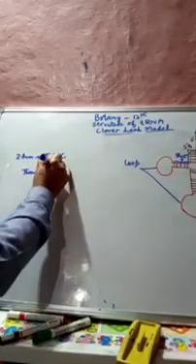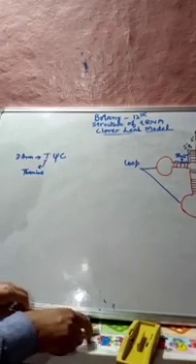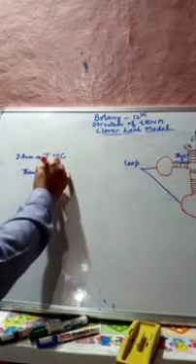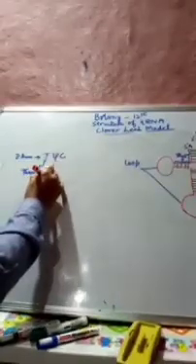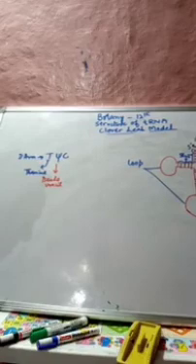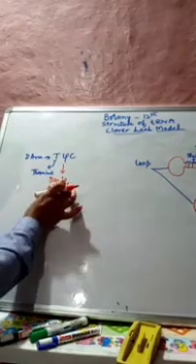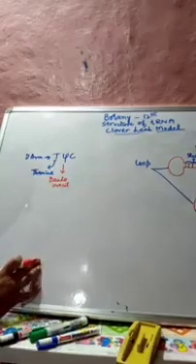It is actually RNA, so instead of thymine we should have had uracil. This psi is pseudouracil, or we can say an abnormal base. And because of this abnormal base, the loop formation takes place.